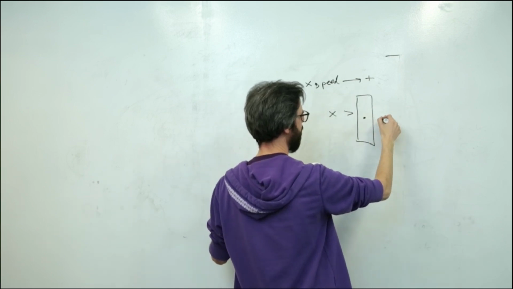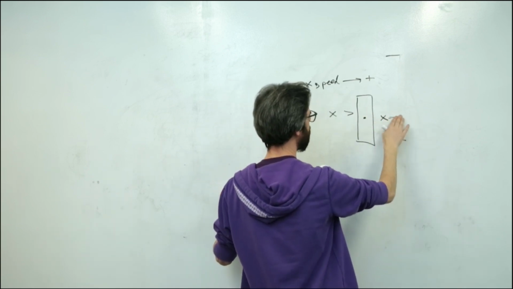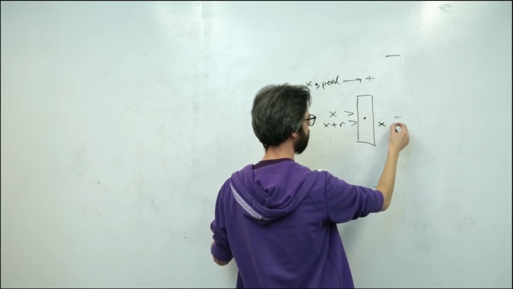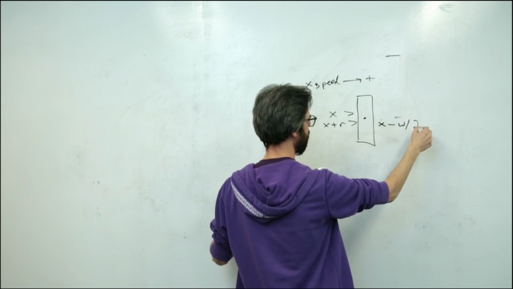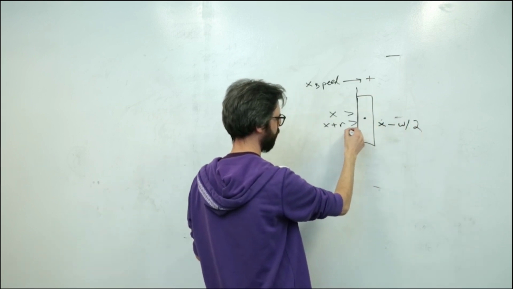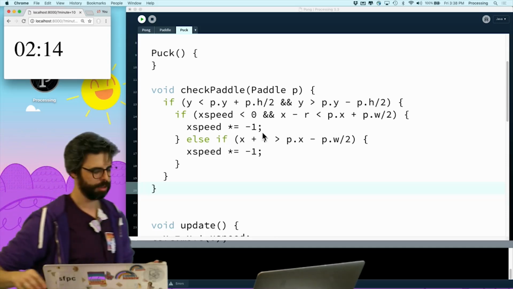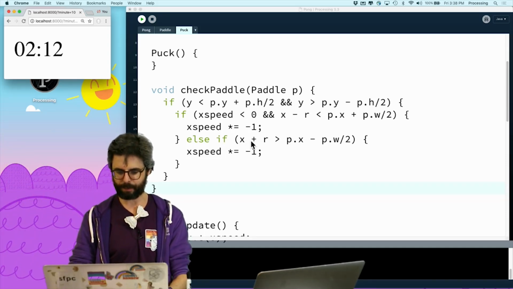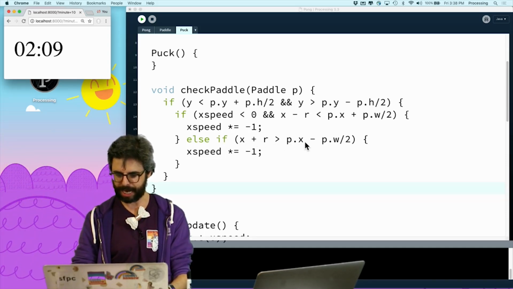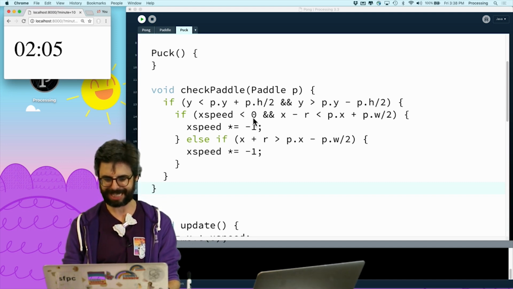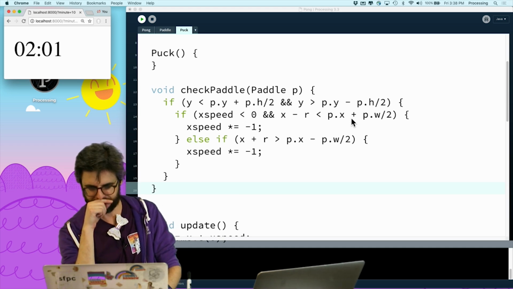The puck's x plus r should be greater than the paddle's x minus its width divided by 2, right? These are the points we want to check. If it's greater, x speed times equals -1. Otherwise, if x speed is less than 0, that seems right.